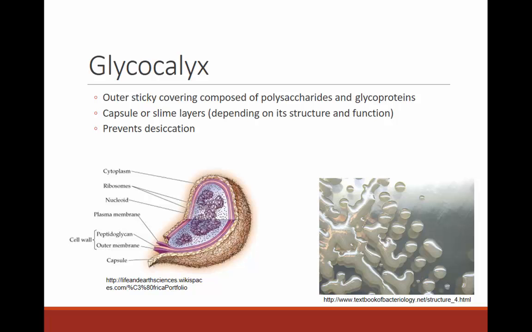And why are they important? Well, it's one of those virulence factors. If it's sticky, it's going to stick to epithelial cells, and then it can colonize. The glycocalyx can also prevent desiccation, so drying out. So it's a good preventative as well.